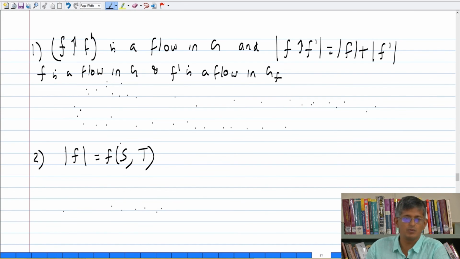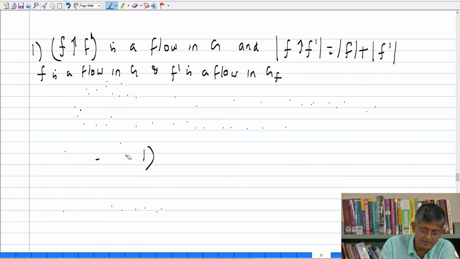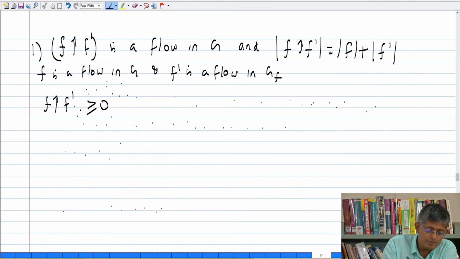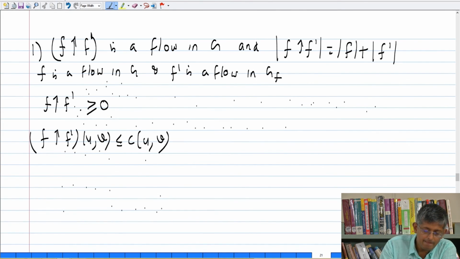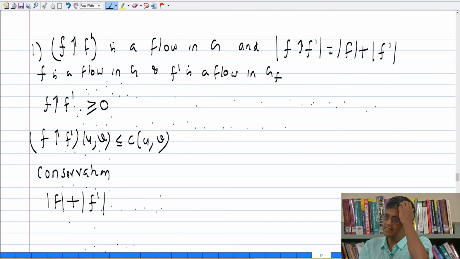So let us do this work of proving the first thing. Let me erase this. I'll move this to a next slide. These are the things that I should prove.